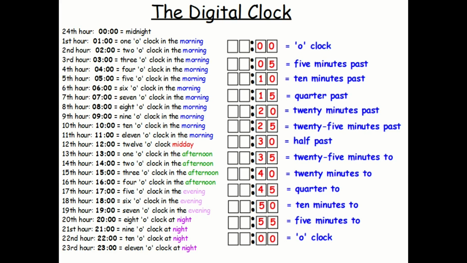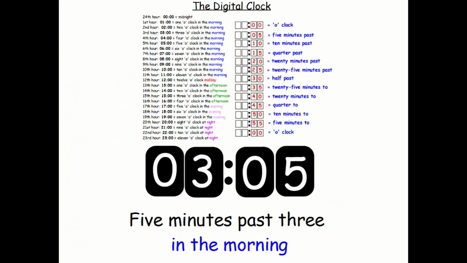So let's have a look at some of the times you're going to be looking at today. So imagine if you had the digital display 03:05, it's not enough to just say 3:05, because that way you're just telling me the digits that you can see on the display. Technically, this is 5 minutes past 3.